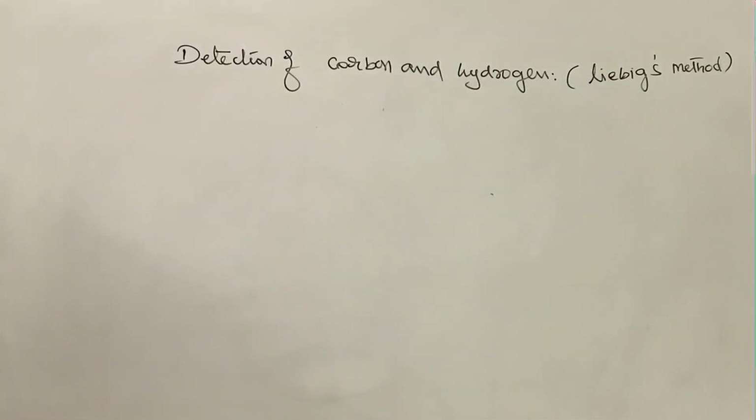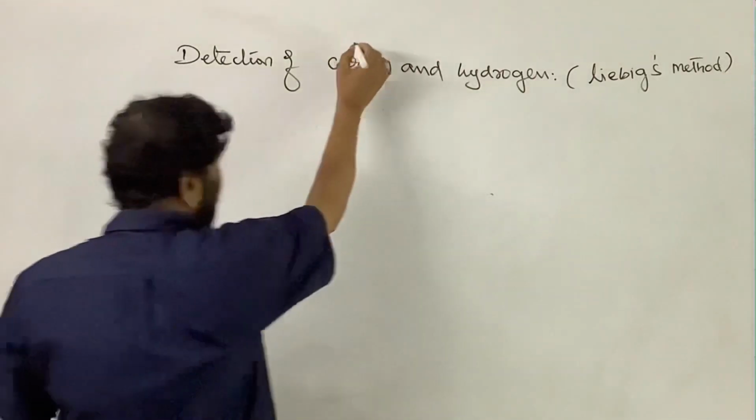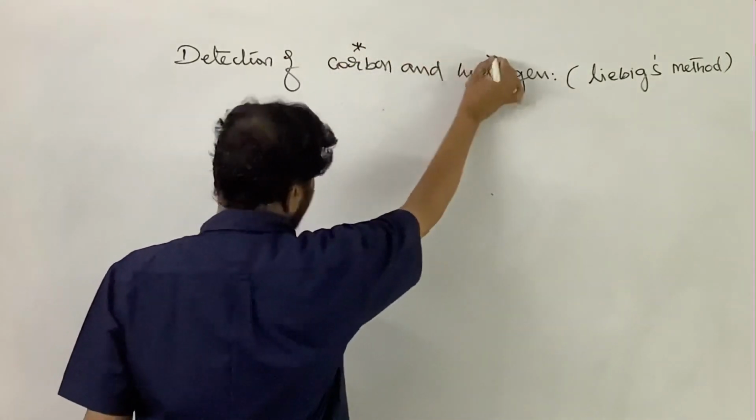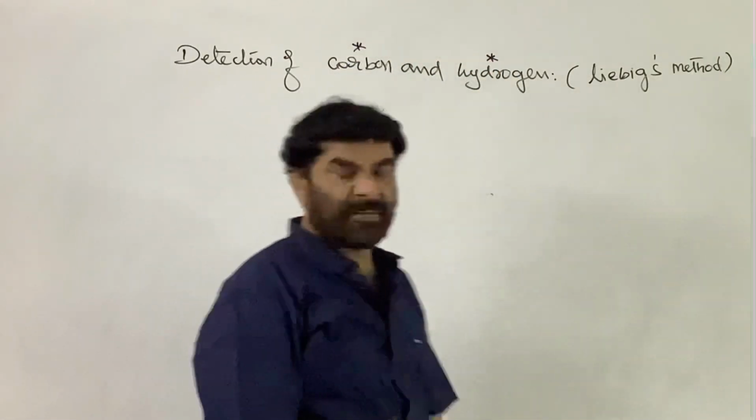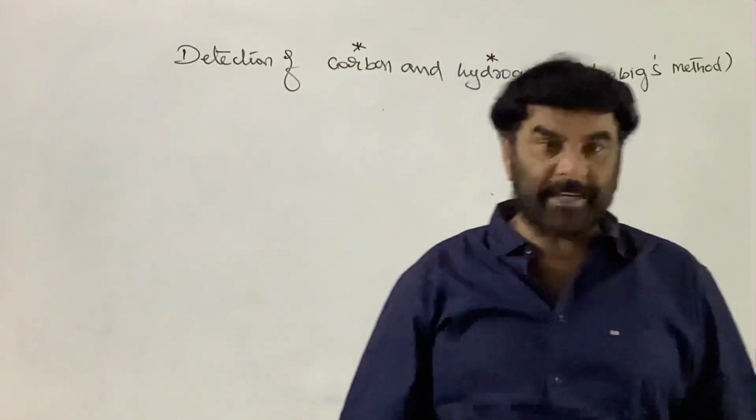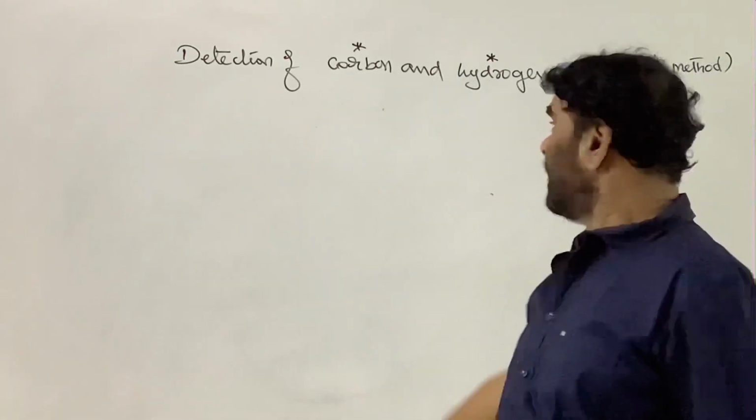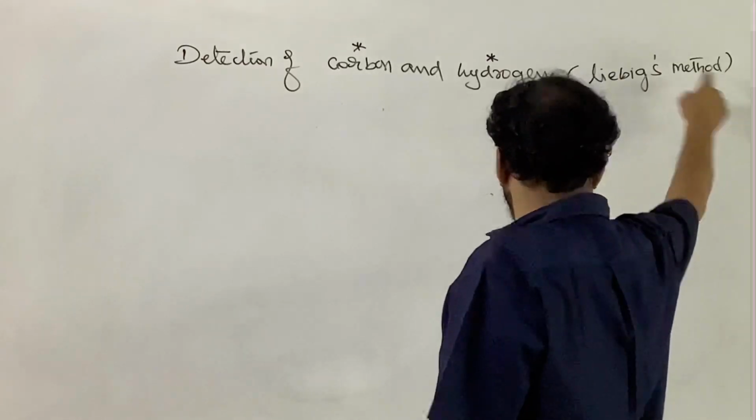Both carbon and hydrogen, which are considered the essential elements of carbon compounds, can be detected by a single test, known as Liebig's test.